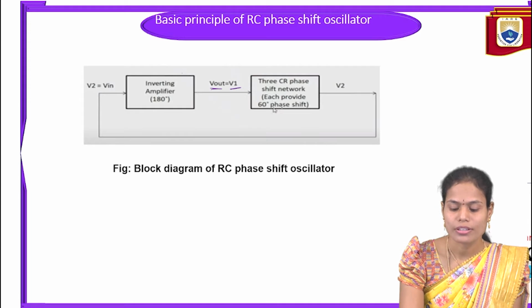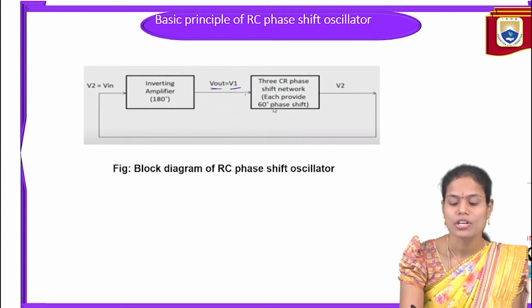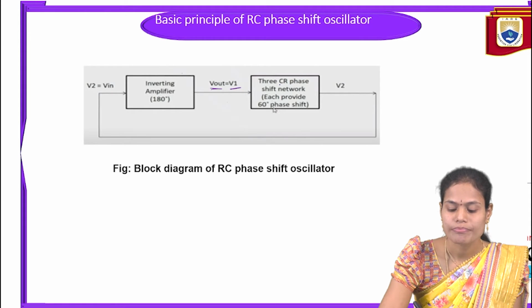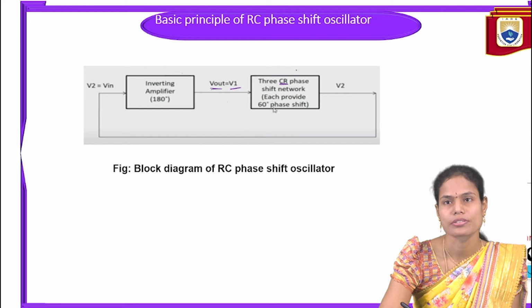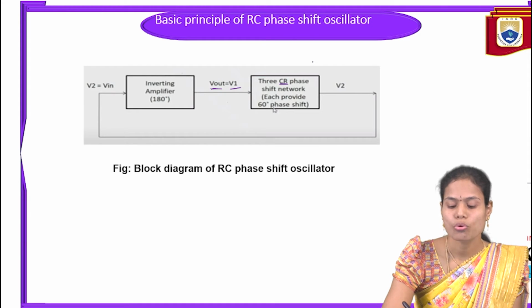So the input for this feedback network comes from the output of the amplifier. Here in the feedback network we are using 3 RC phase shift networks. Each RC phase shift network will provide a 60 degrees phase shift. So overall, with 3 RC networks, the total phase shift is 180 degrees.